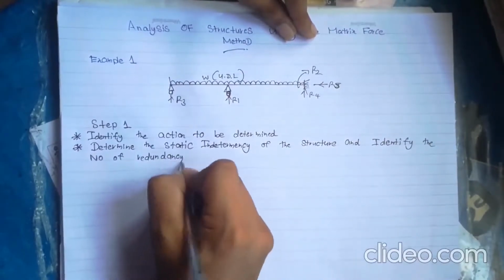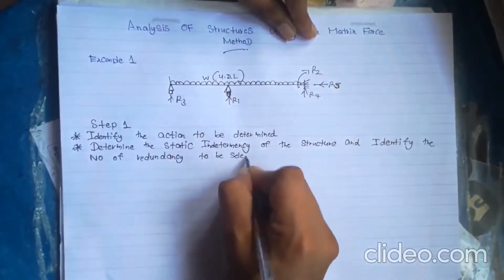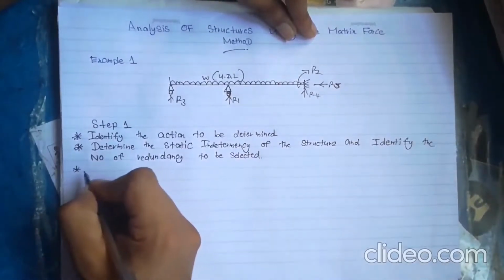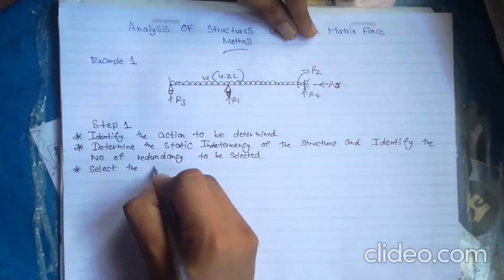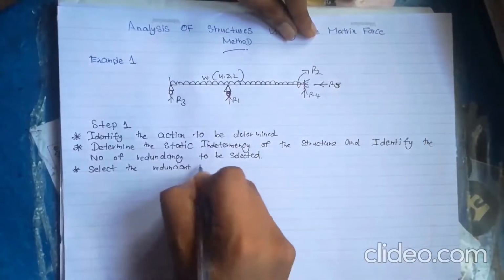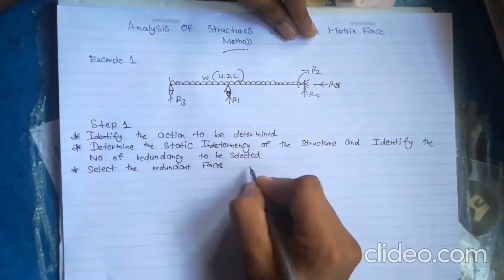Here I made a writing mistake, and it must be number of redundants. Select the redundant forces and introduce sufficient releases to form a stable statically determinate structure.